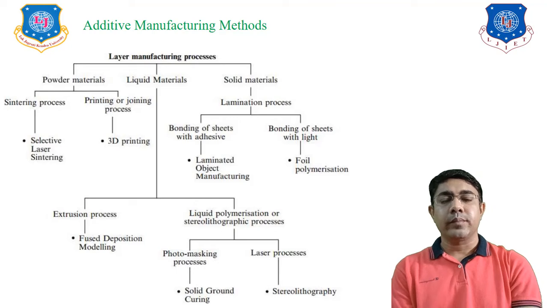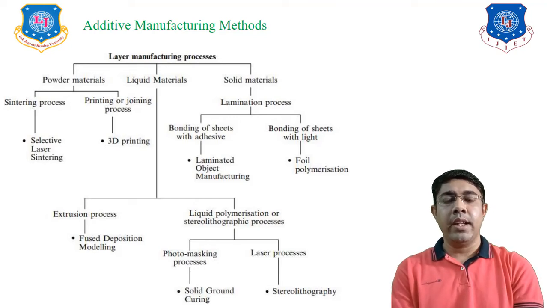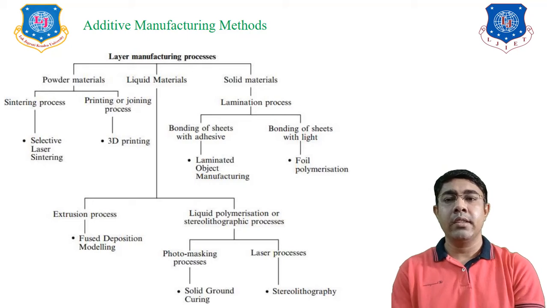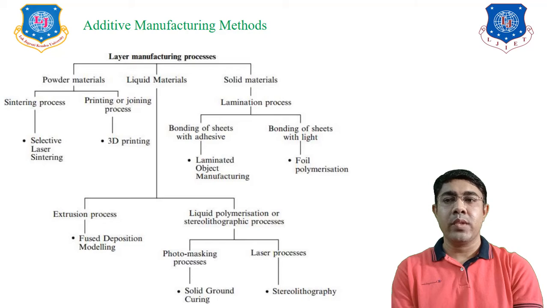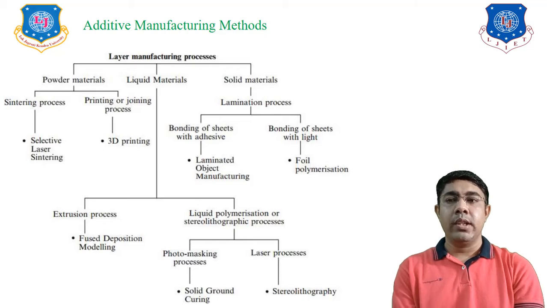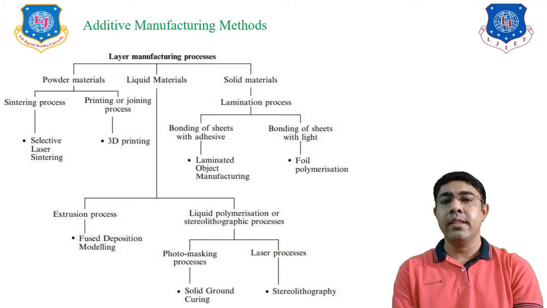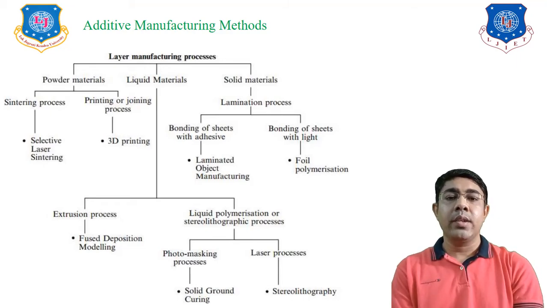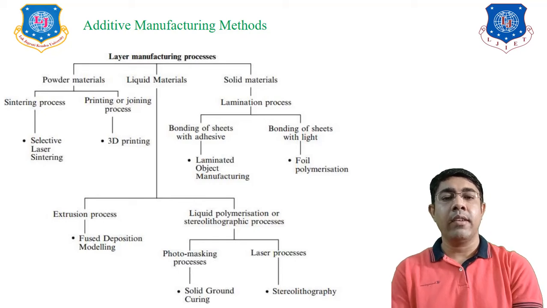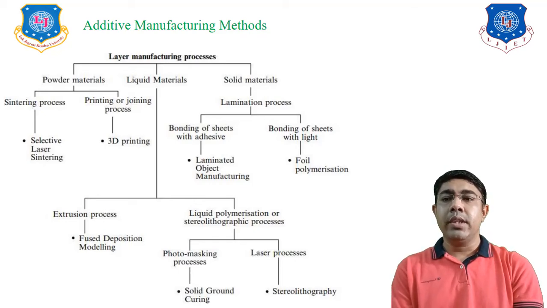Before we start, let me recall the classification of layer manufacturing processes. As we know, the classification is according to the material used and the principle used for creating layers. There are powder, liquid and solid materials.